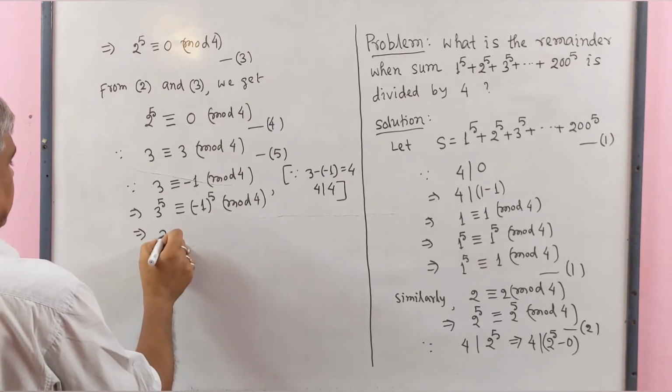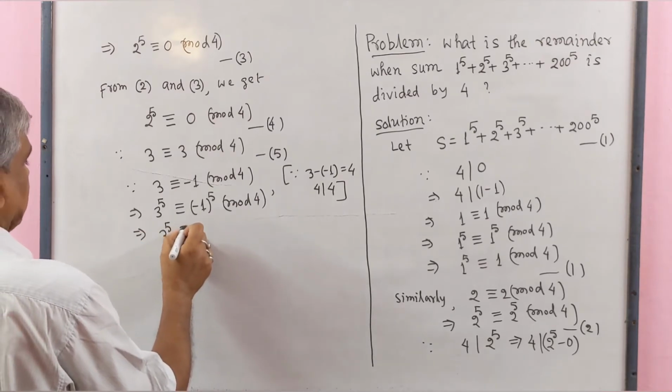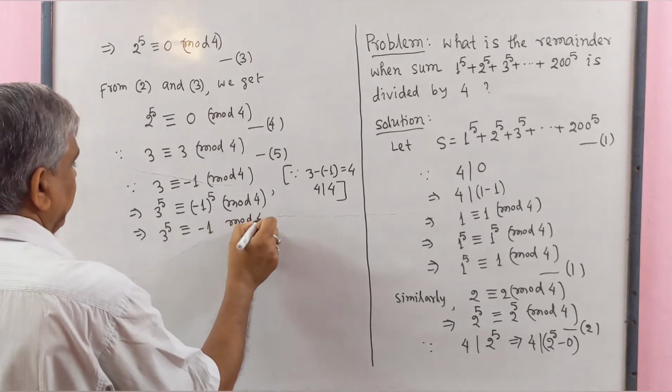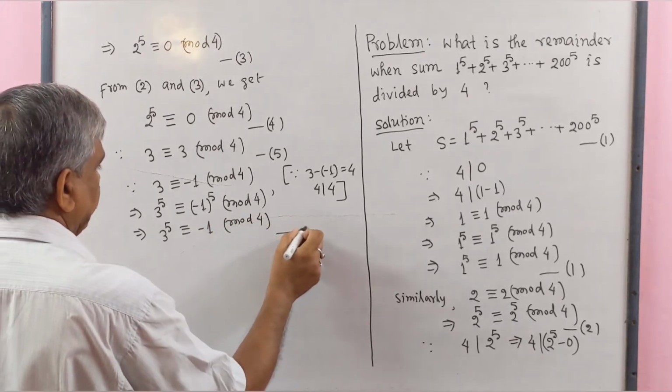Implies that 3 to the power 5 is congruent to -1 modulo 4. This is number 6.